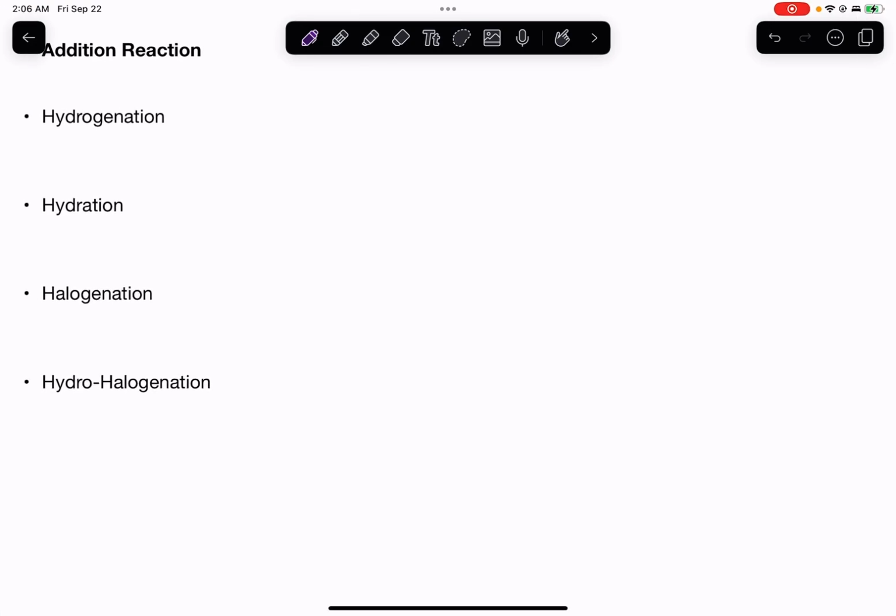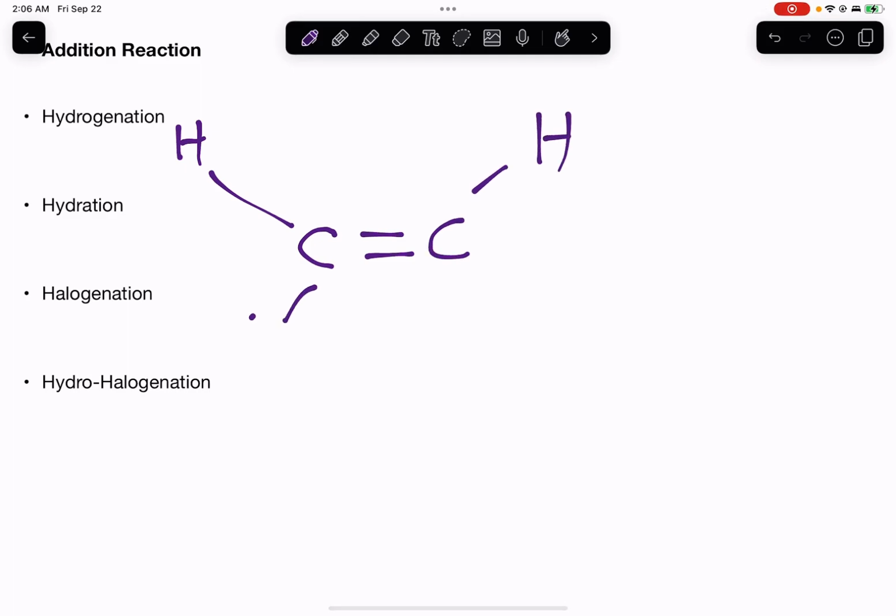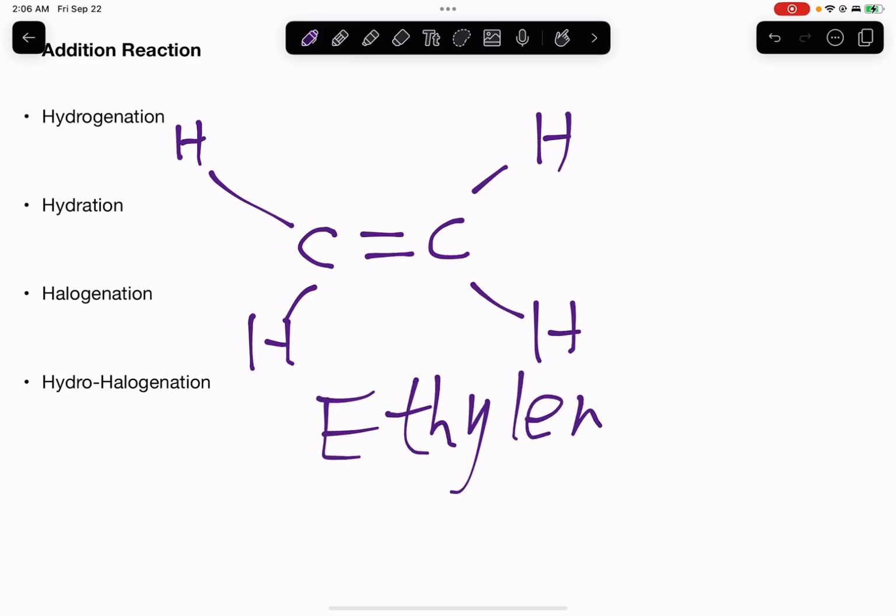Next, we have halogenation. For halogenation, we can use the same example but change the second reactant a little bit. We have ethylene again, but this time it's a different element. We react it with Br2, which is bromine.